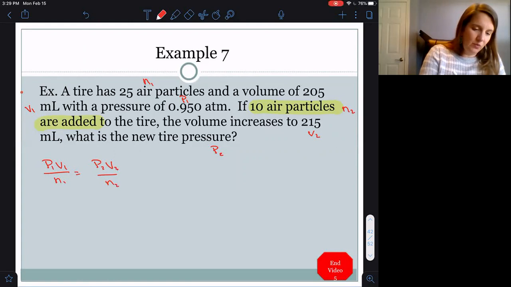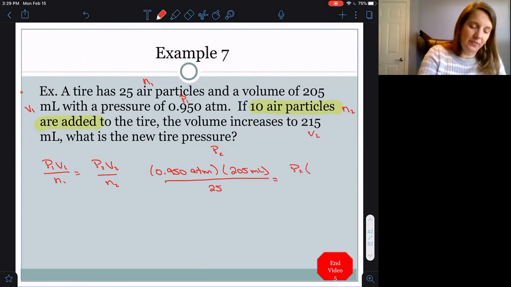So our P1 is 0.950 atmospheres, and our V1 is 205 milliliters. Our N1 is 25. So we're looking for P2. Our V2 is 215 milliliters.